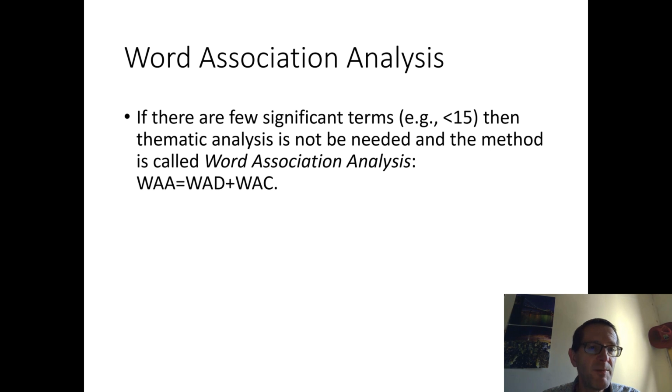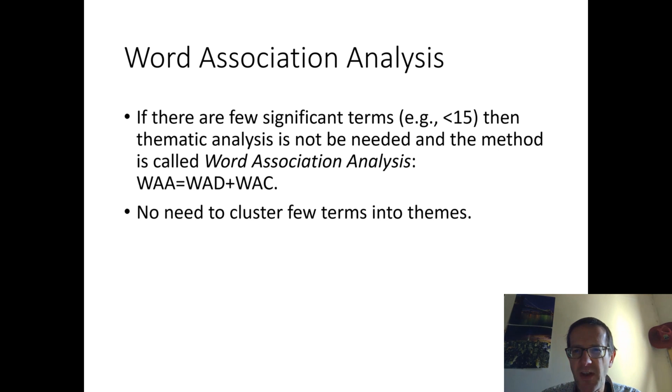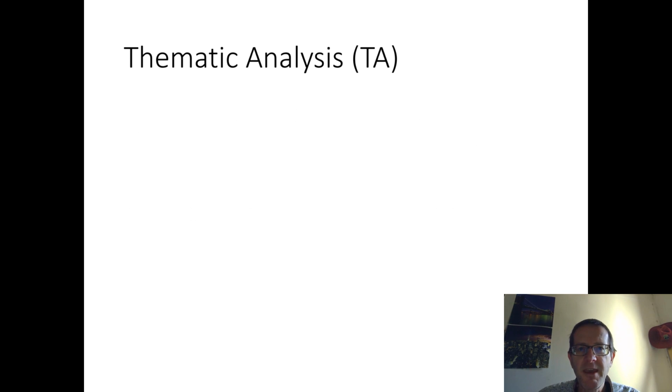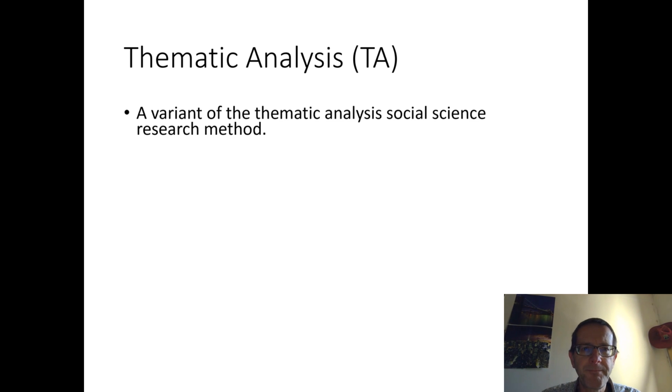So the computer stage, the word association detection, plus the first human stage, word association contextualization. If you've only got less than 15 terms, you probably don't need to cluster them into themes. So the thematic analysis stage is the next one if you have at least 15 terms to analyse.